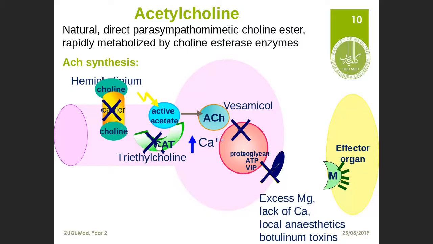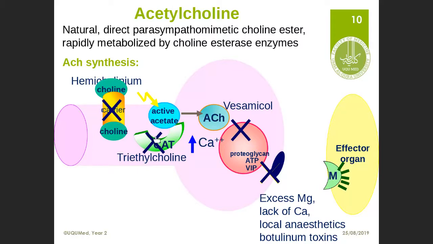The second thing, the second cross, is another drug, triethylcholine. This triethylcholine inhibits the enzyme choline acetyl transferase. This choline acetyl transferase makes a binding with choline and active acetate to produce acetylcholine.